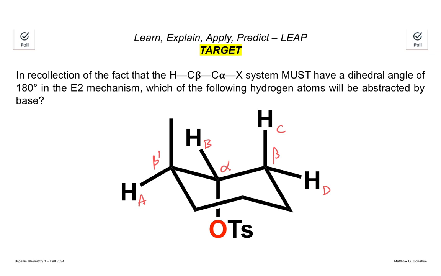So we're really concerned with A, C, and D. So that's what we're looking at now. And which one of those is going to have the 180 degrees from the H carbon-carbon to the tosyl? So hydrogen C.